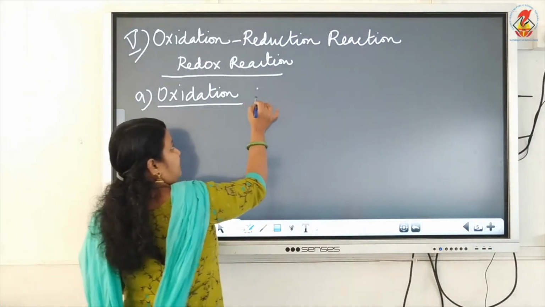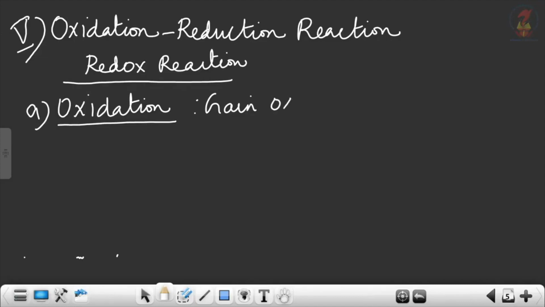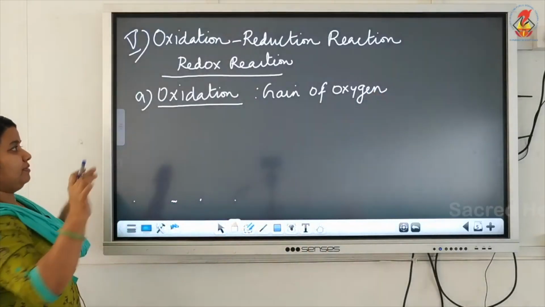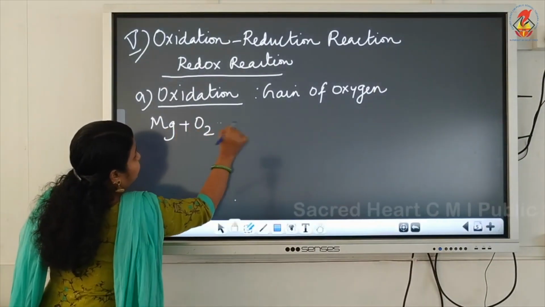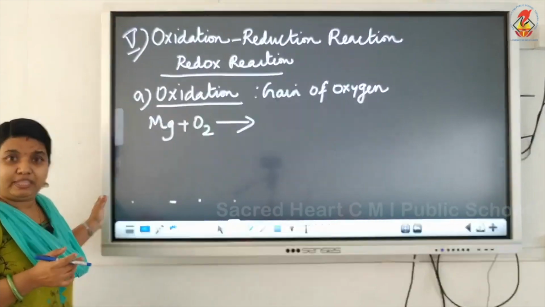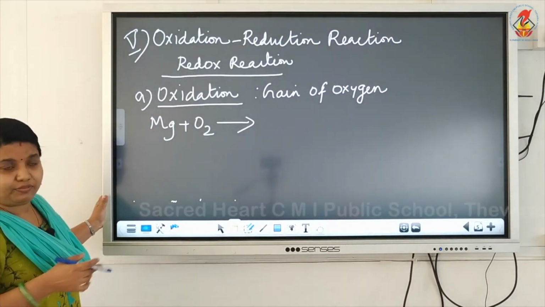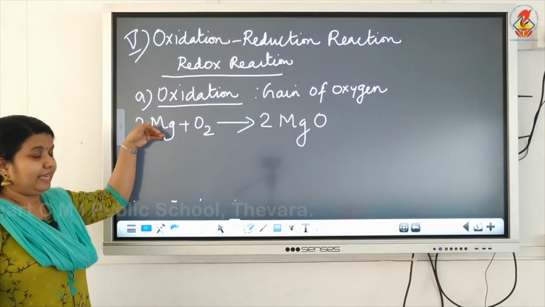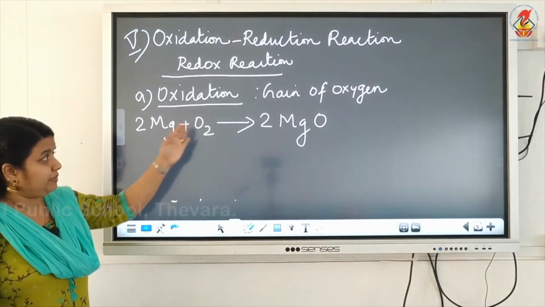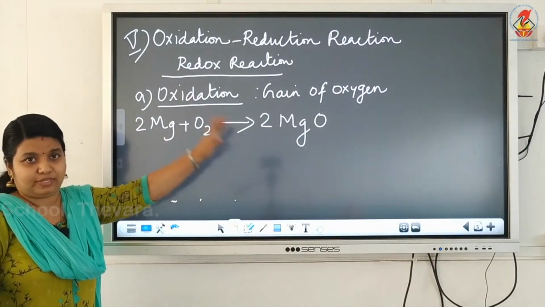So oxidation is gain of oxygen. Let us see some familiar examples that you have already learned. Reaction between magnesium and oxygen. What do you get as a result of this reaction? You get magnesium oxide. So in this reaction, magnesium is gaining oxygen. So this is an oxidation reaction.